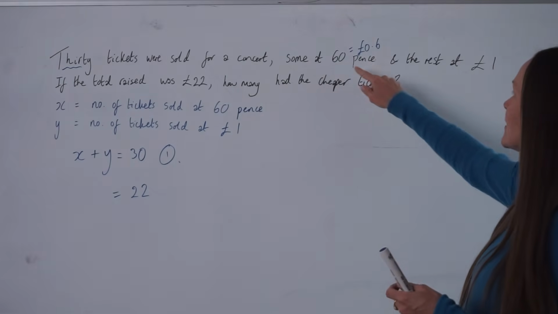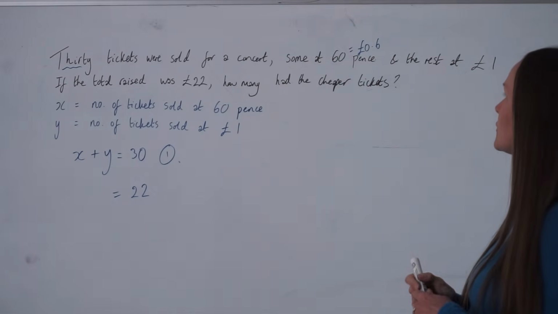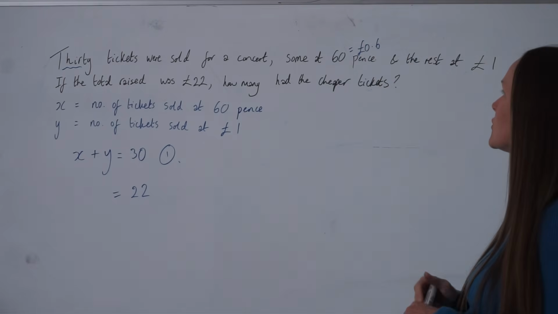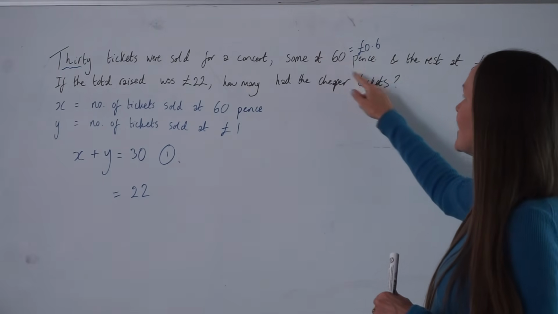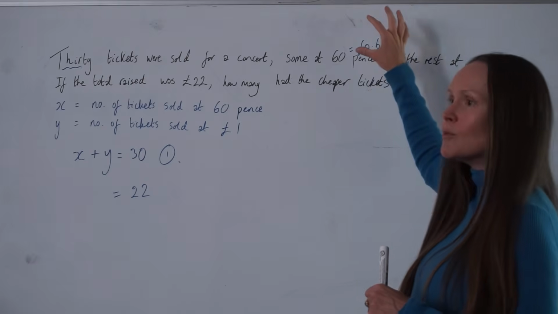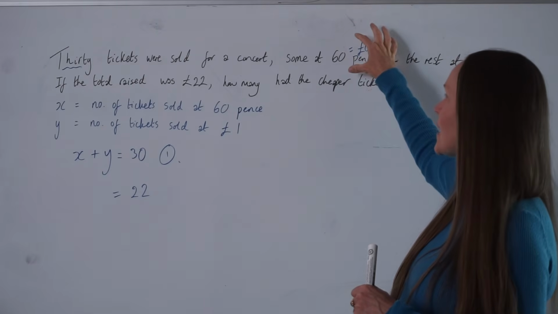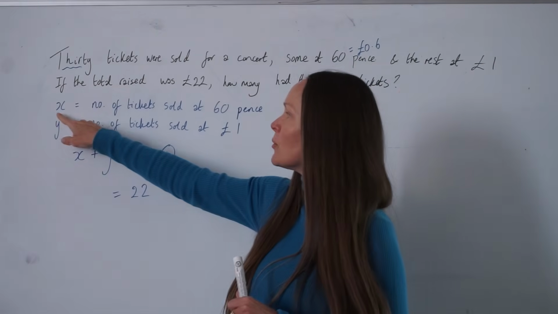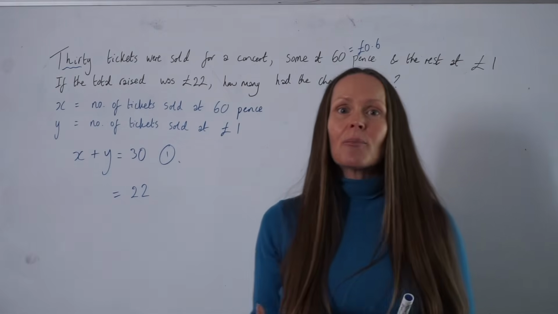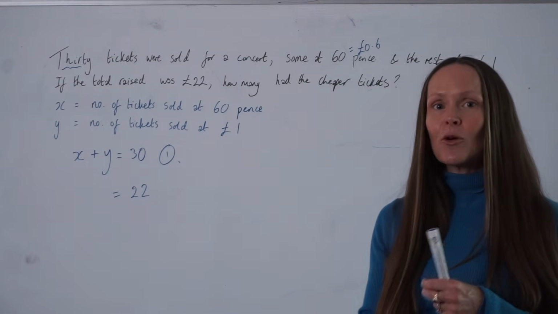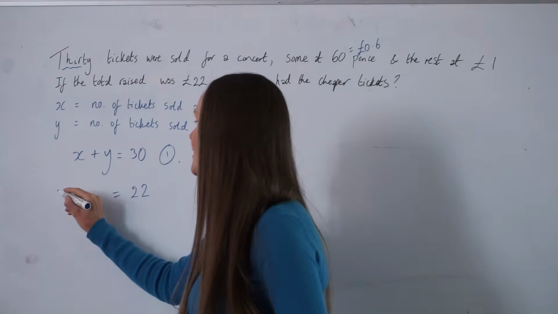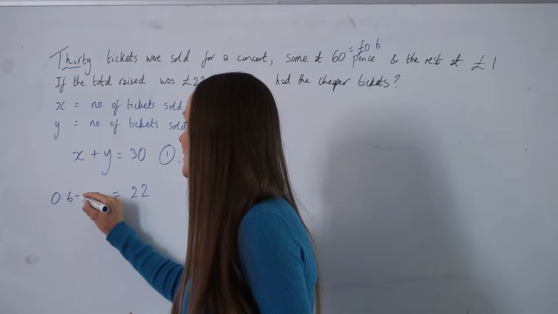So if we look at the tickets costing 60 pence first, or £0.6, to work out how much is raised from those tickets, you have to multiply the price of that ticket by the number of tickets that were sold at that price, i.e. X. So 0.6 multiplied by X, which is just 0.6X.